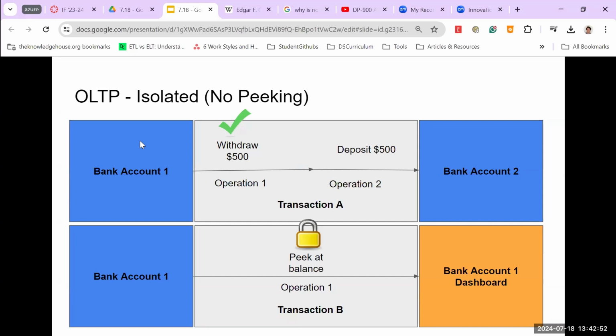Maybe that's a little bit of an extreme example, but it highlights why we need to lock transactions out from manipulating the data until another transaction is done. So until we complete transaction A, transaction B is not allowed to look at the bank account balance.